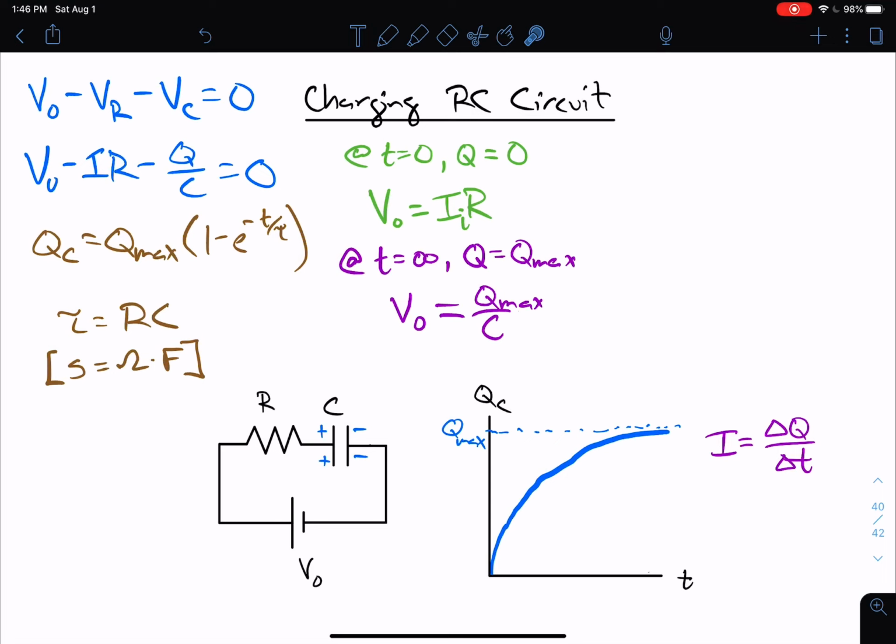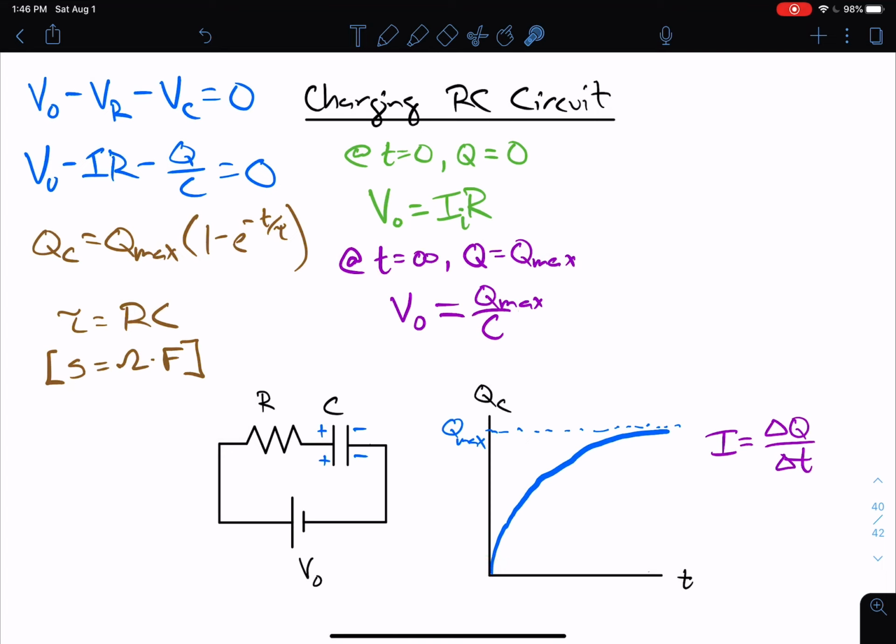Okay, so we've talked about the charge. Now, of course, we know the voltage across the capacitor is Q over C, so you can just divide this by C to get the voltage across the capacitor and get the general relationship for that. Now, if we look at the current, we have I equals delta Q over delta t.